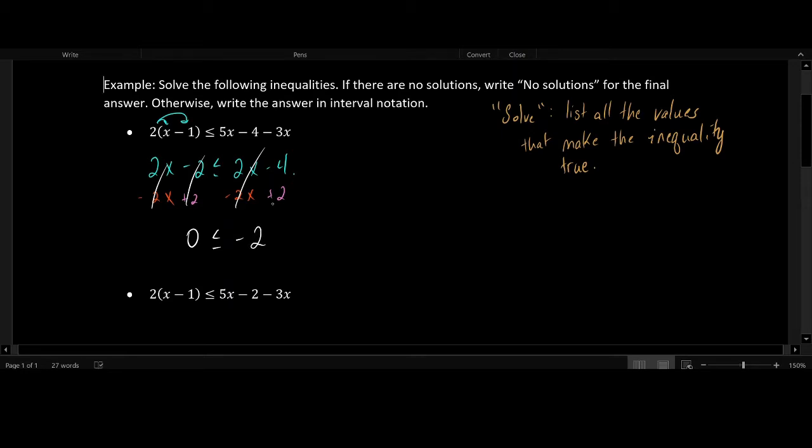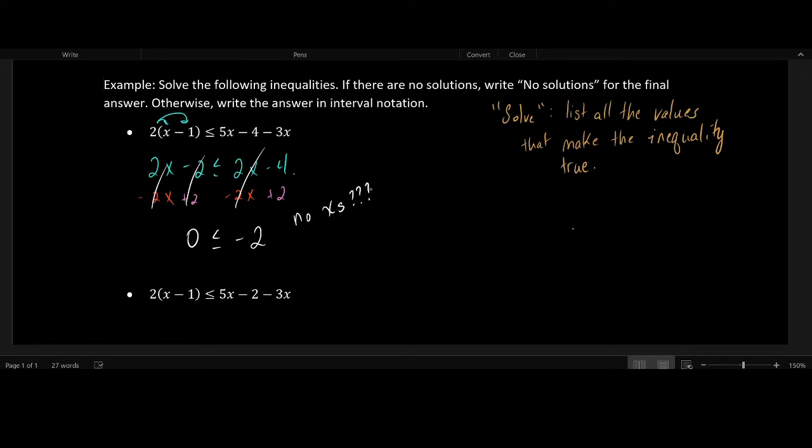Now this is quite a strange inequality because there are no x's, which means that the truth value of this inequality isn't affected by the value of x at all.